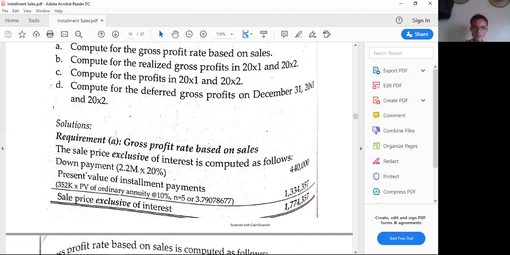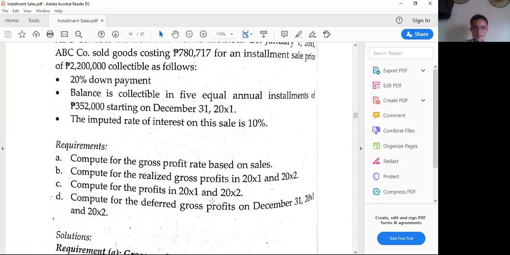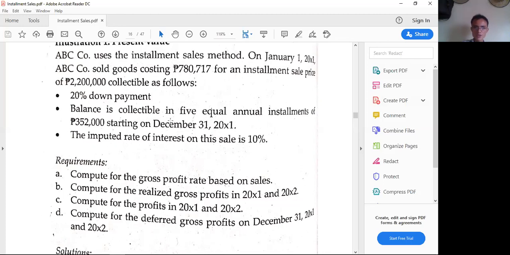Okay, so how do we compute down payment? That's given. And then good thing, because the annual installments are already given, so all we have to do is to multiply whatever installments that we have with the present value factor. It's going to be 5 equal annual installments, so that would be ordinary annuity of 1.